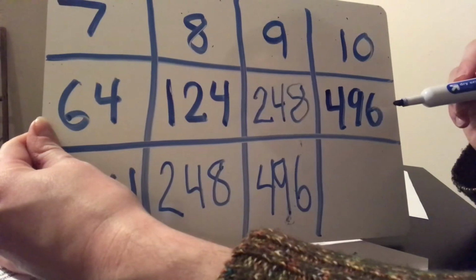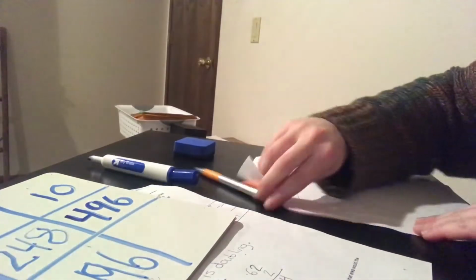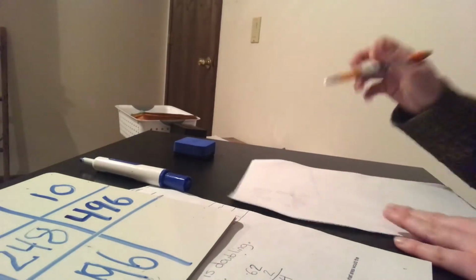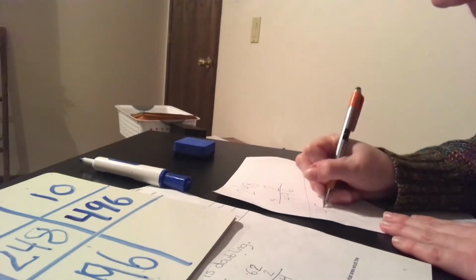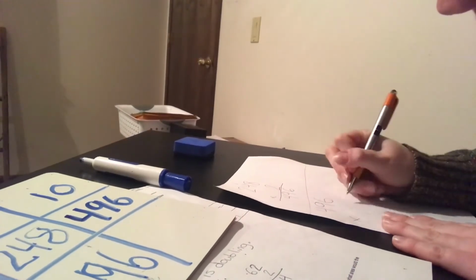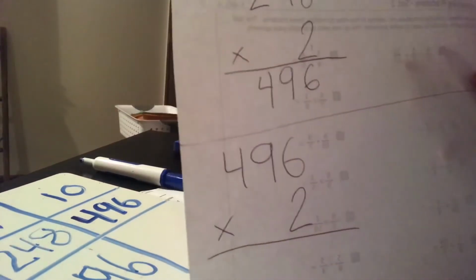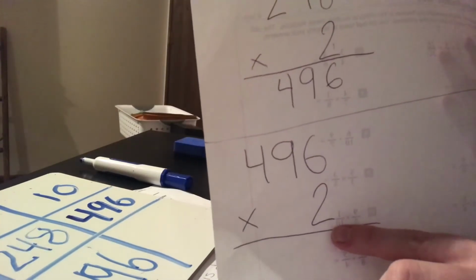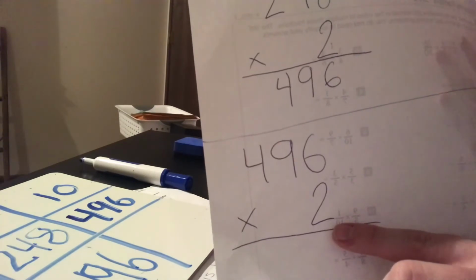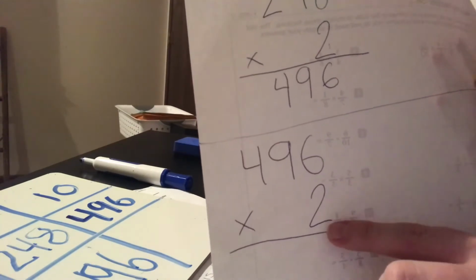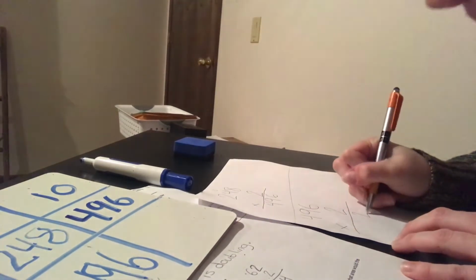So now I need to figure out what 496 doubled is. I'm going to use my scratch paper again. 496 times 2, again multi-digit by single-digit multiplication. I'm going to start here with 2 times 6. 2 times 6 is 12.